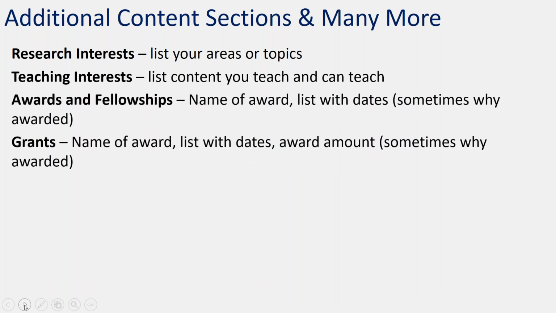Another section that I mentioned early on when we were talking about education is you might have an awards and fellowship section. In this section, you might name who gave the award, the name of the award, and the dates, if it's a date-bound award, and sometimes you'll even say why it was awarded.